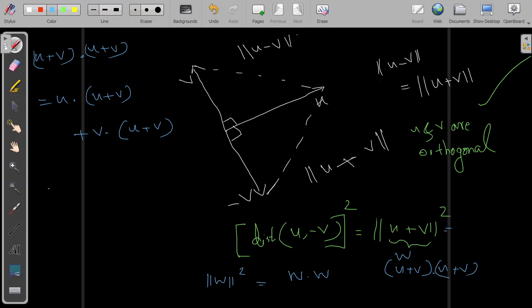That's equal to u dot u plus u dot v plus v dot u plus v dot v.